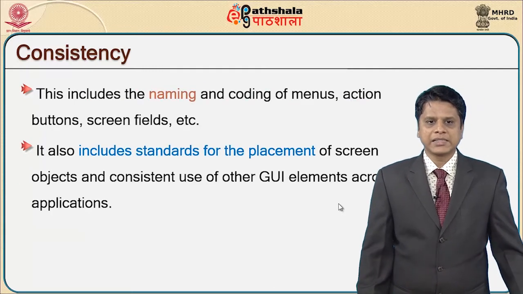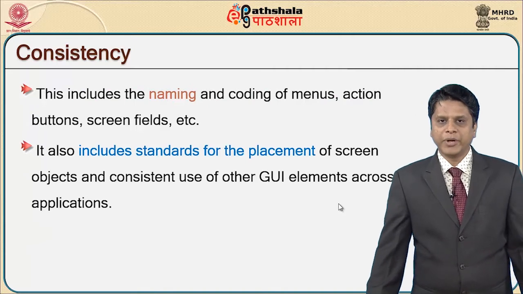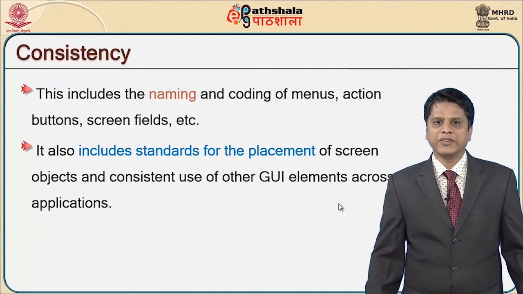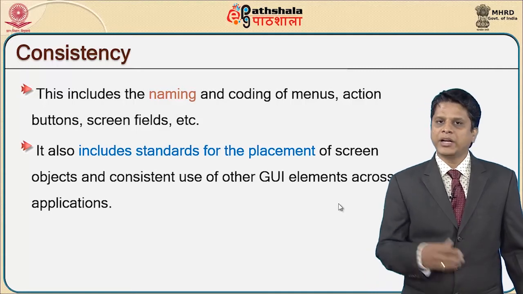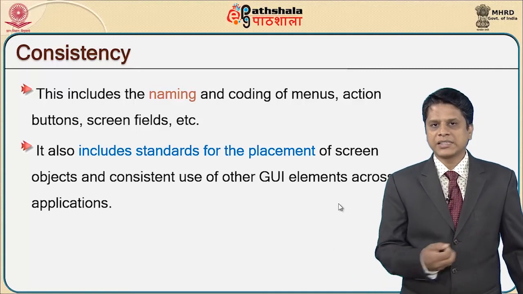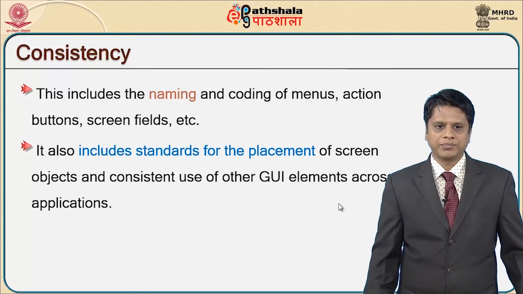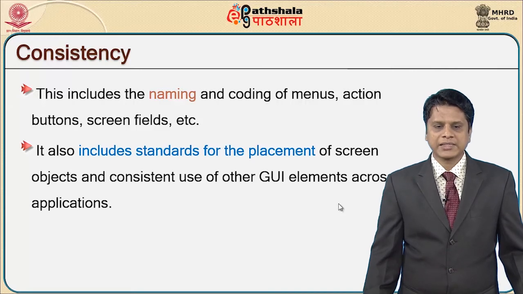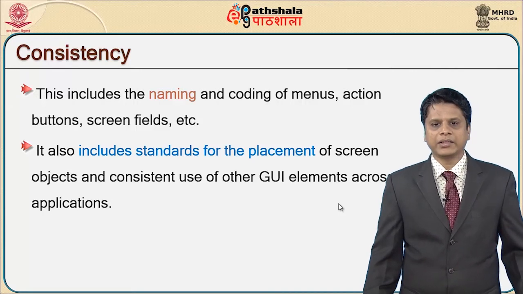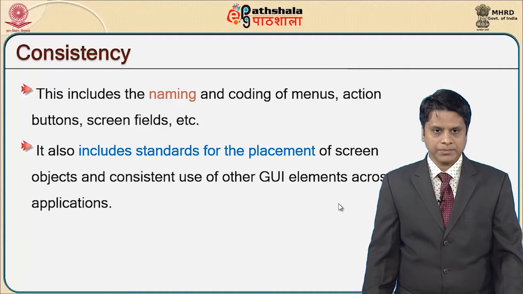This includes the naming and coding of menus, action buttons, screen fields. Say for example, for login, it's a common name that we may have to maintain over a period, so that it becomes consistent for any number of forms that we create. It also includes standards for placement of screen objects and consistent use of other GUI elements across the applications.